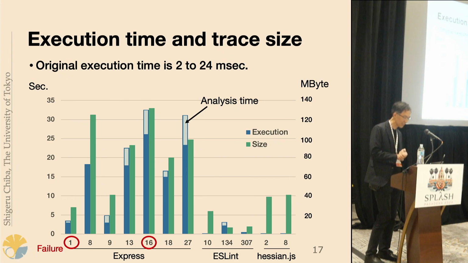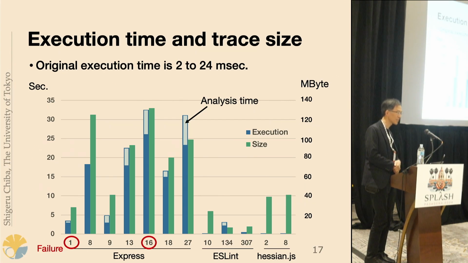But unfortunately, because we have to take a trace, and the implementation was not sophisticated, it takes around 10 to 30 seconds. So it's pretty slow. But still within a minute, I think it's practical, reasonable, acceptable.